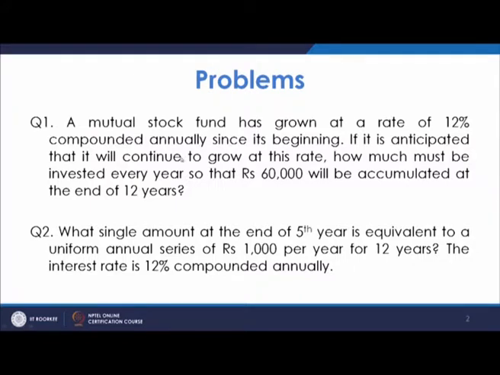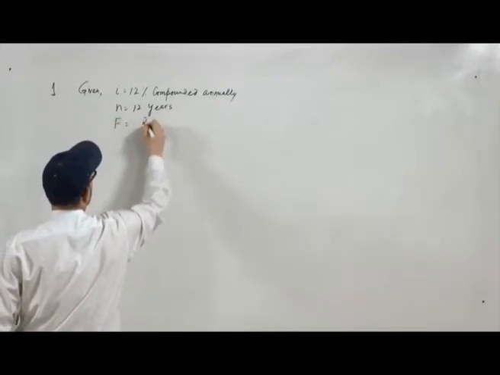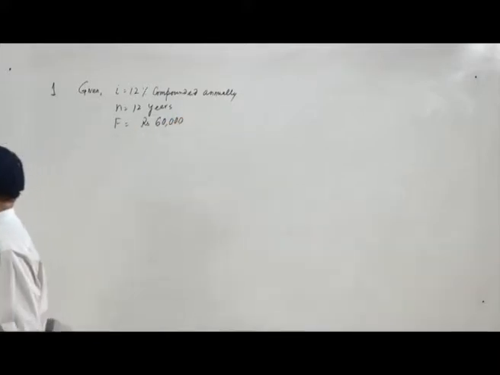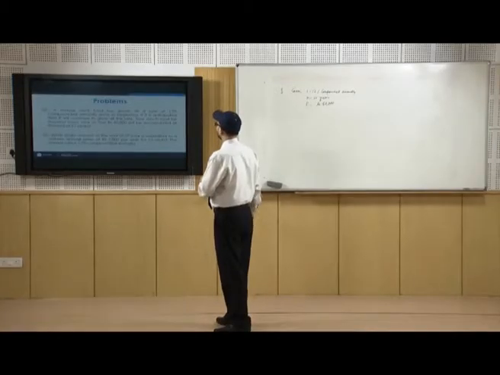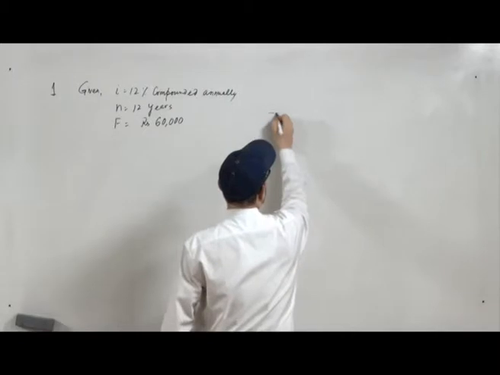So, n is 12 years and F is given as rupees 60,000. Basically you have to find what should be invested every year. So, the cash flow diagram will be like this.